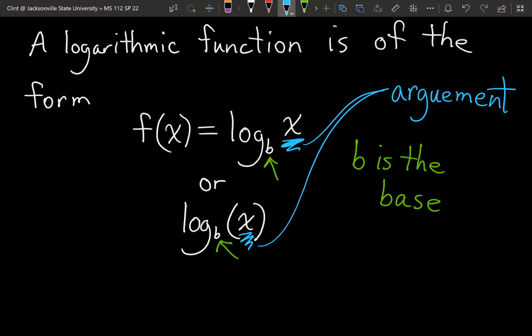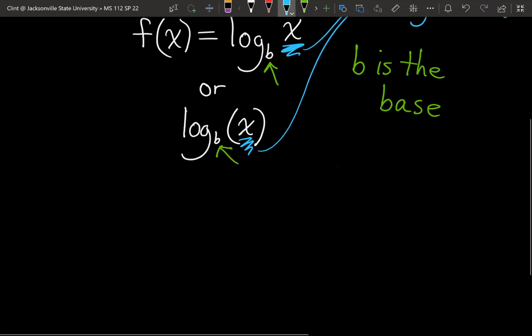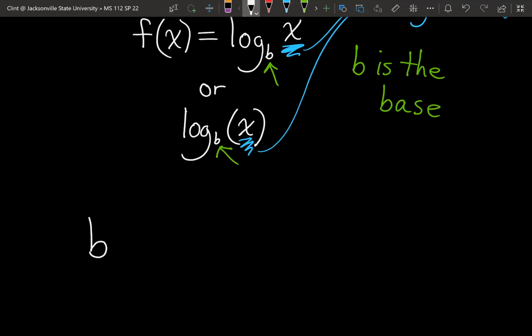What it represents is really just another way of writing down something about an exponent. So before, last time, we would have something like this, b to the x power.